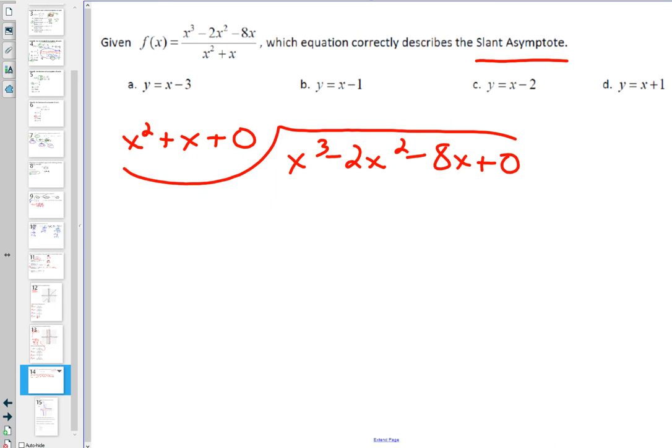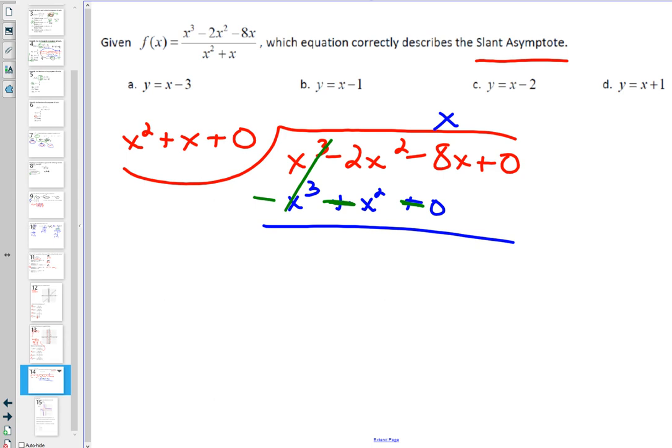Now on the test you're much more likely to have something that works out nicely with your coefficients. X to the third divided by x squared is just x. When you multiply everything times x here, you get x to the third plus x squared plus 0. This becomes a minus, this becomes a minus, and this one doesn't even matter because it's a 0. So this cancels.